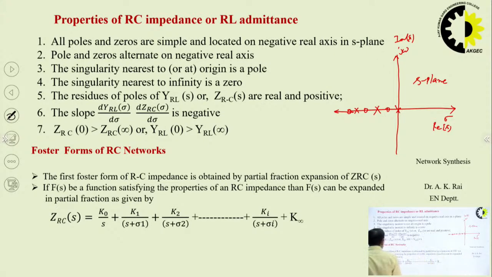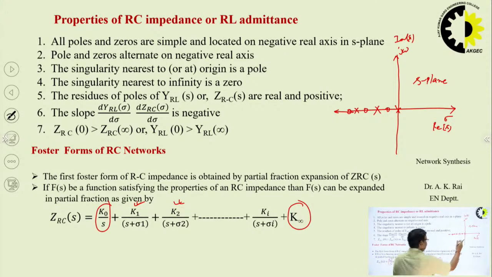This term is related to removal of a pole at origin, and this K infinity is related to removal of a constant, and this term depends on how many poles lie on the negative real axis.